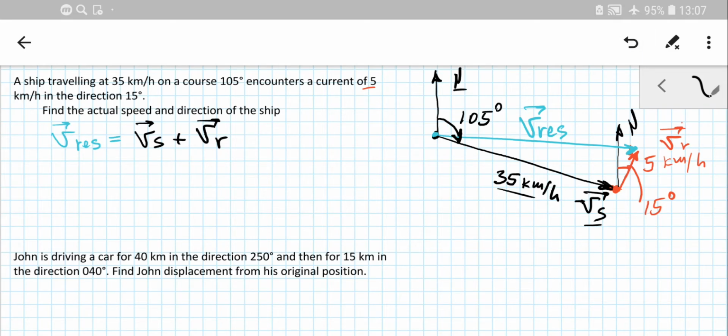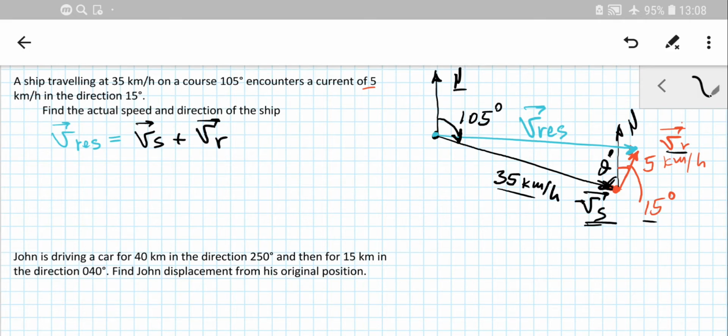We need to find the angle between the vectors. So ideally, we find that angle first. Let's say this is the angle theta. Why? Because if you know theta, you can add 15 degrees, and hence you can figure out the angle between the 2 vectors, Vs and Vr.